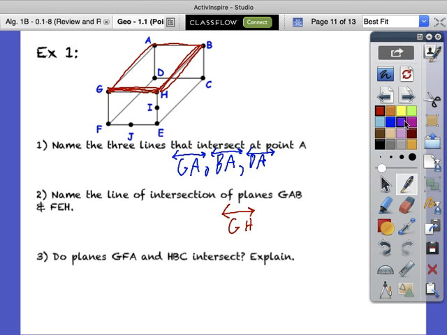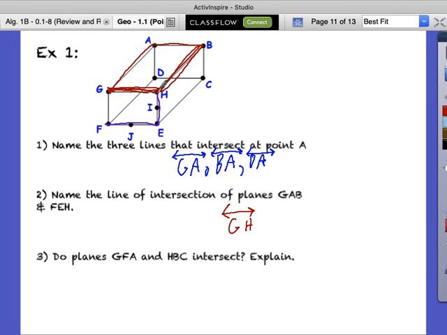And then if I say, okay, plane FEH, just connect the lines and say, okay, well, I need to continue doing this plane here. And I can see the overlap right there between G and H. So that tells me that line GH is our intersection. Does that make a little more sense when I show it with the different colors? Okay, for some people. Okay. And there's no other place where these intersect.